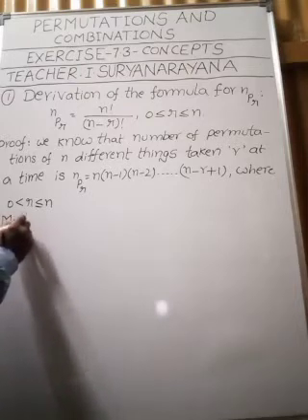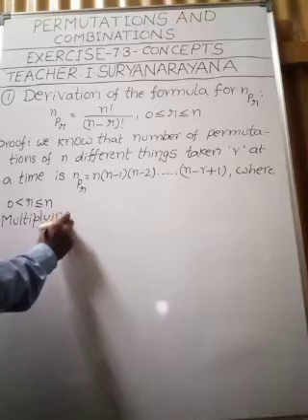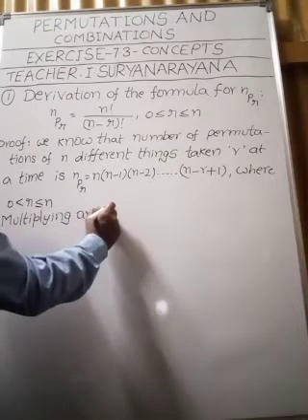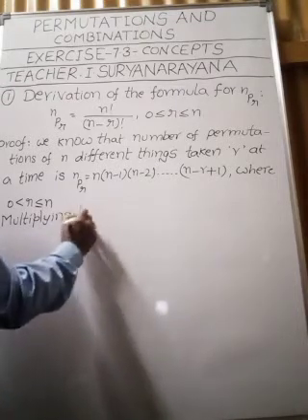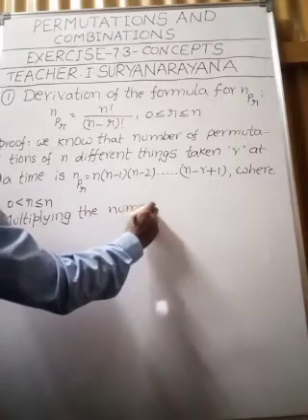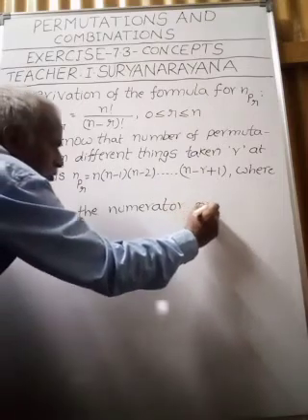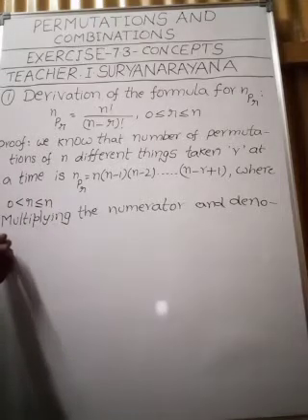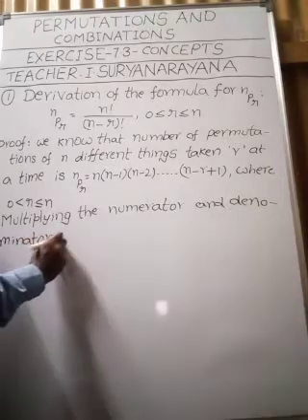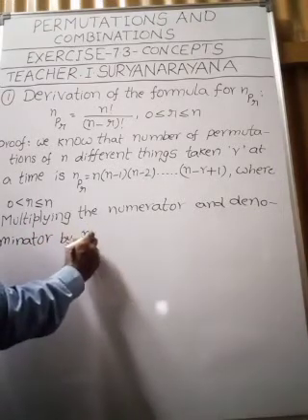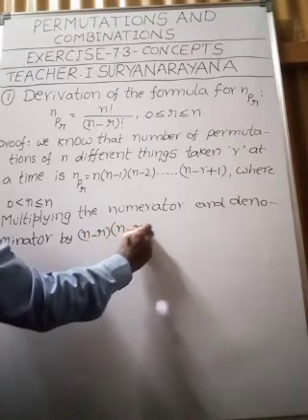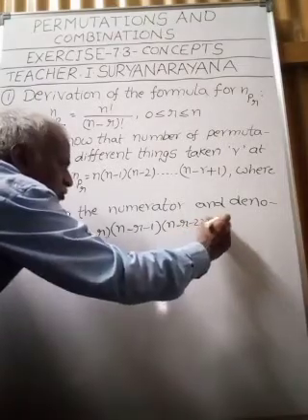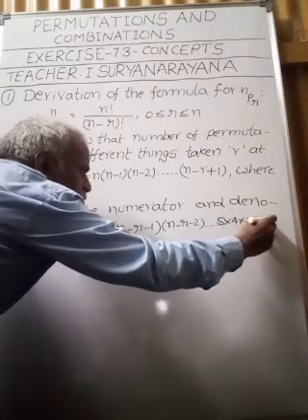Multiplying the numerator and denominator by (n minus r) into (n minus r minus 1), (n minus r minus 2), and so on, 5 into 4 into 3 into 2 into 1.